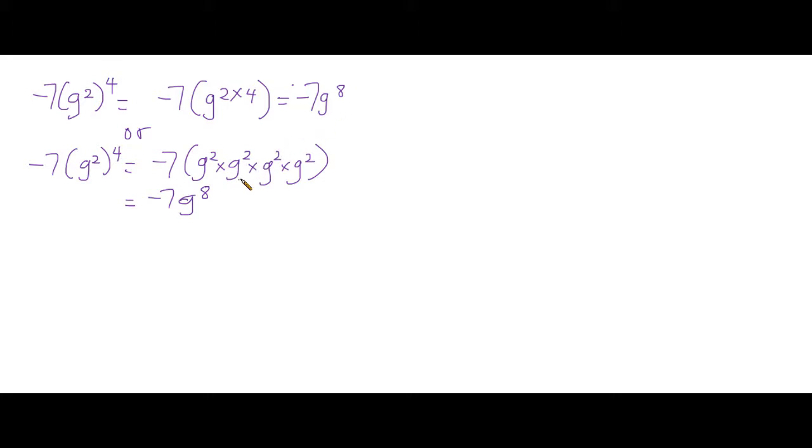Another example on this, if we have minus 3 a squared all raised to the power of 3, and if we are to solve this, we can solve it as minus 3 times a raised to the power of 2, and this is going to be equal to minus 3, because we have 1 multiplied by 3 times a raised to the power of 2 multiplied by 3, and this will be minus 3, 1 times 3, that will be 3, and a raised to the power of 6.